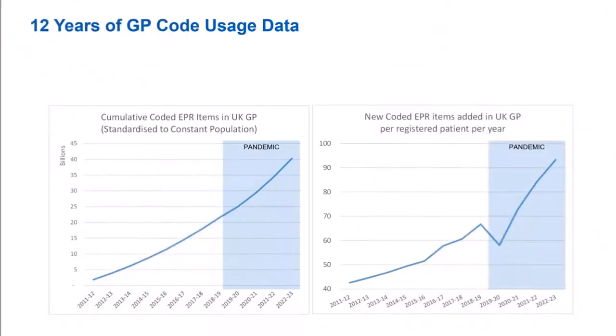And that allows us to produce some interesting graphs, beginning with: what's the overall trend in total volumes? If I add up all the codes that are used, the total uses, what do I get? The left-hand graph is a cumulative size of the lake, if you like. So in 2011, far left, in that first year, there were about 2.5 billion coded items added in that year.